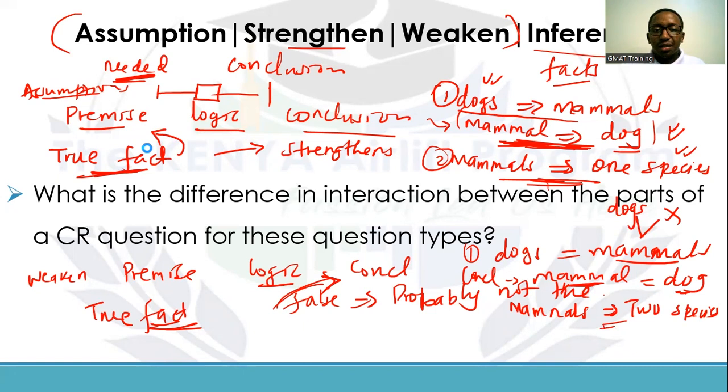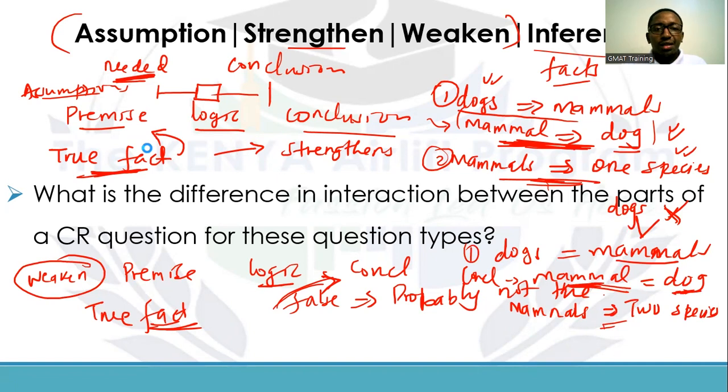So this means that saying any mammal you see is a dog is probably not true. It may be true because dogs are mammals, but it may also be this species X. So that now makes us question this conclusion that whatever mammal you see must be a dog. So that's how we weaken the argument.